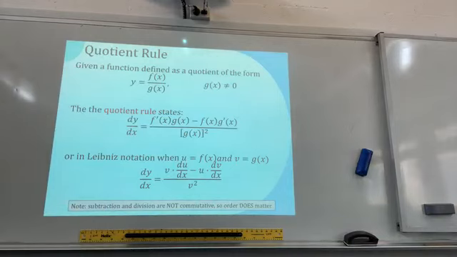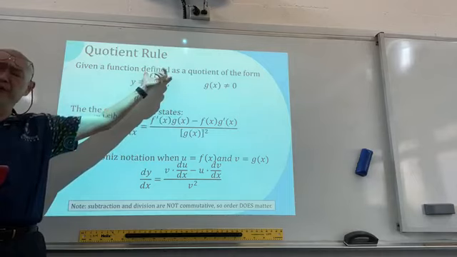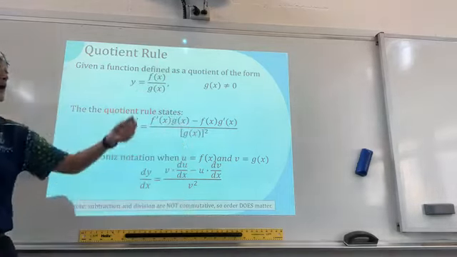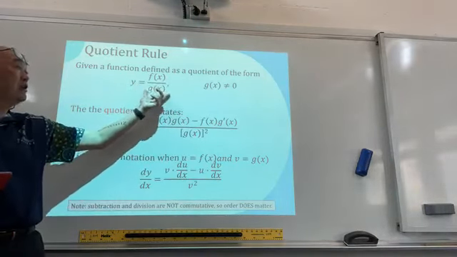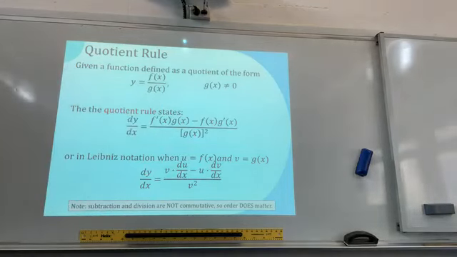Now, remember, subtraction and division are not commutative, so the order really matters. Always remember, take the derivative of the numerator first, multiply it by the denominator, then take away the derivative of the denominator multiplied by the numerator. Then the denominator of the derivative is the denominator squared.